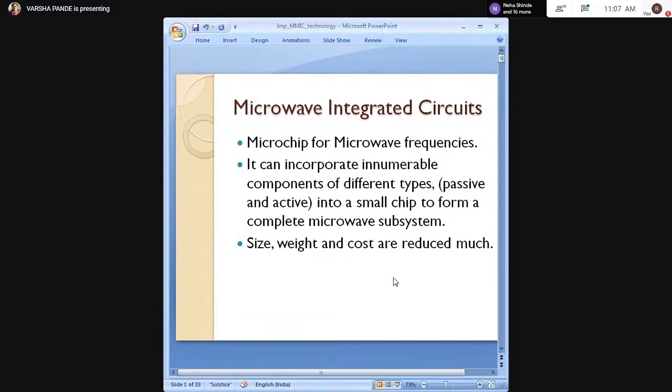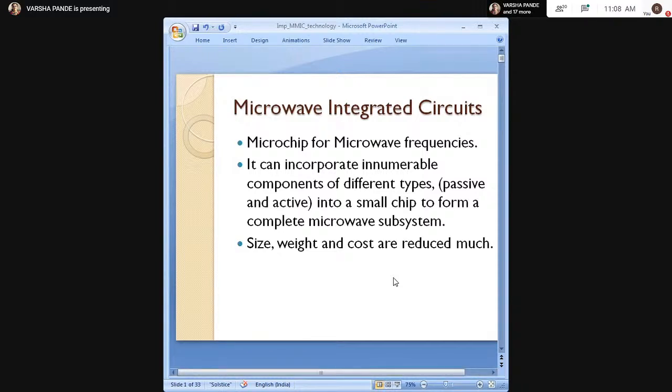Components of different types, passive components like inductor, capacitor, resistor, and active components like transistors, are fabricated on a single small chip to perform the complete microwave system or subsystem operation. That is nothing but MMIC chips.